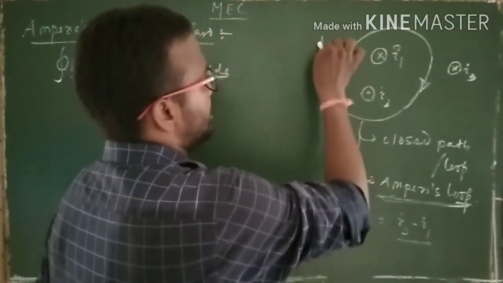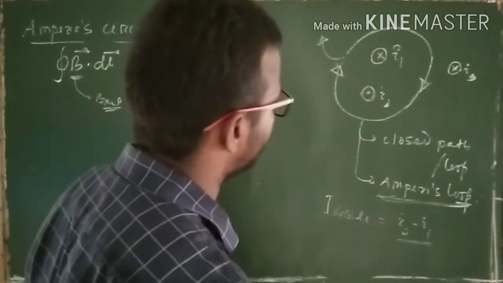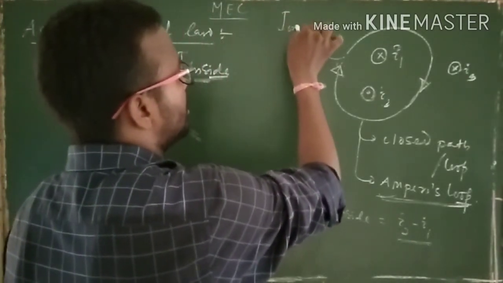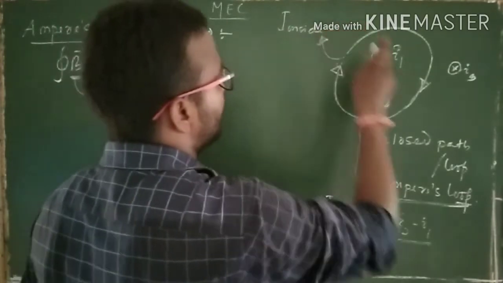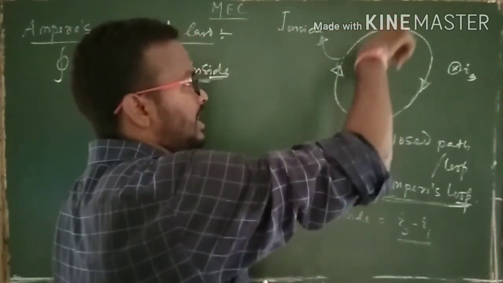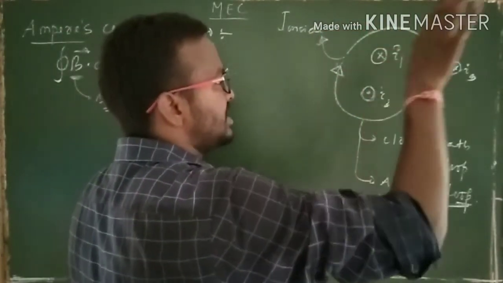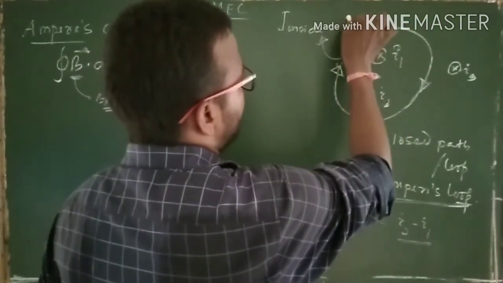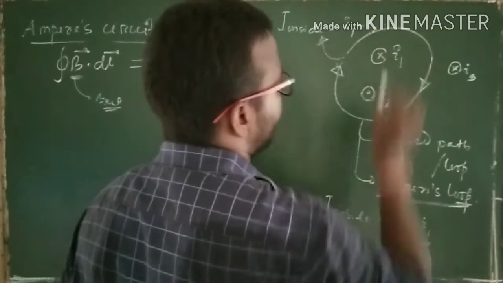So from this diagram, we can write the net current, that means I enclosed or I inside, which is in the inward direction, because here the inward direction is I1. So the net current can be written as I1 minus I2.